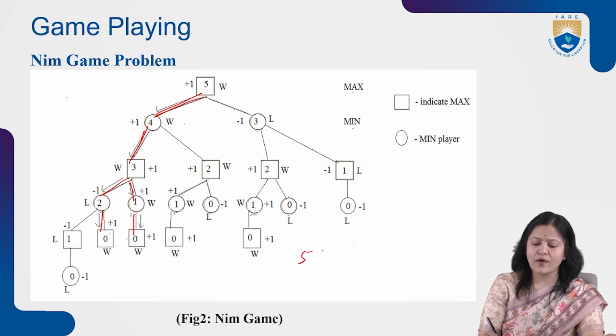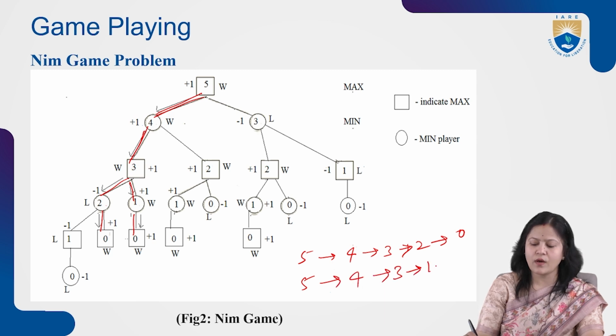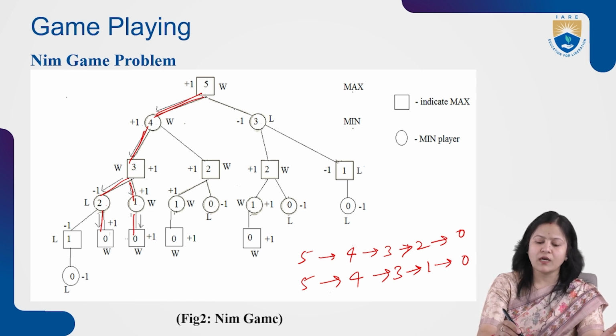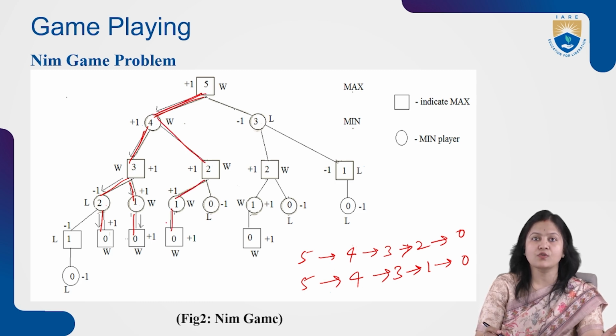One more: these two are the correct solutions. One is 5, 4, 3, then 2, then 0. Another one is 5, then 4, then 3, then 1 and then 0. These two solutions which I have highlighted are the correct solutions. Two more solutions are there. If we consider 5, 4, 2, then 1, 0, this is also one solution.